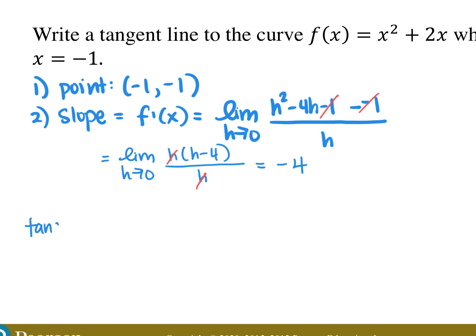So my tangent line will be y minus the y value of the point, which was 1, the slope value, which is negative 4, and then x minus the x value of the point. So I have y minus 1 equals negative 4 times x minus negative 1. So I can change that to be x plus 1.